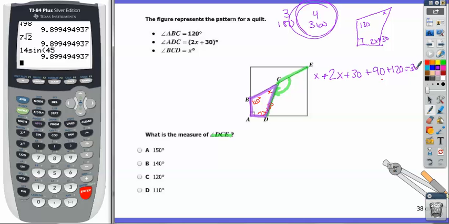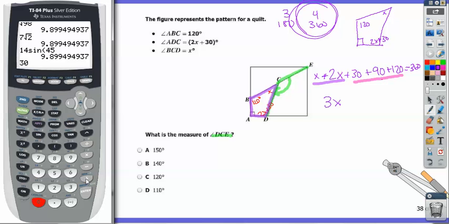equals 360. Now, I wrote my x over here because I was running out of space, but I need to combine my like terms. I have these two, and then I have all my numbers. So I'm going to go ahead and plug those into the calculator. X plus 2x is 3x. 30 plus 90 plus 120 is 240.